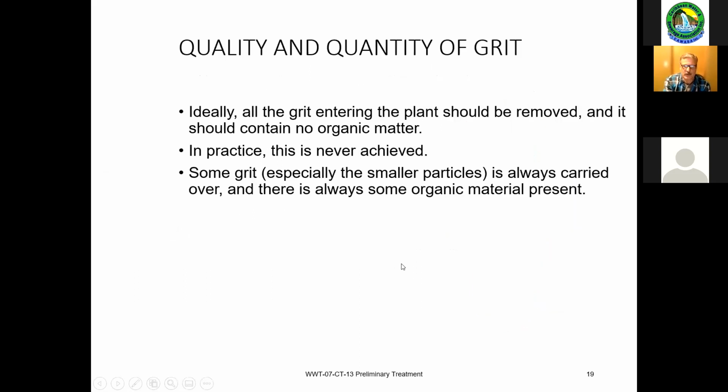So ideally, the grit that you remove from the plant, from whatever type of system, should be clean, so there's no organic matter. You need those organics back in your treatment facility to feed the microorganisms. And if you remove too many at the front, you're actually going to starve your microorganisms, which is going to give you grief down the road.